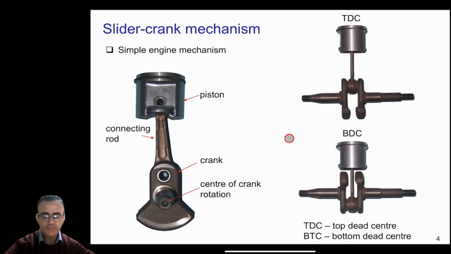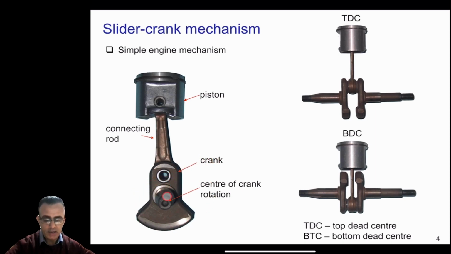Okay, if you look at this slide here, it's showing us the slider crank mechanism and its different components. As you can see in this figure, it consists of mainly three parts. One is the piston, which is this part here, and then you have the crankshaft or crank.